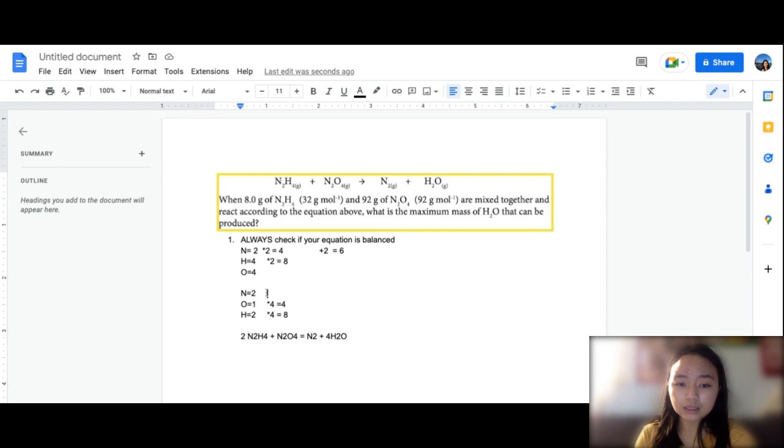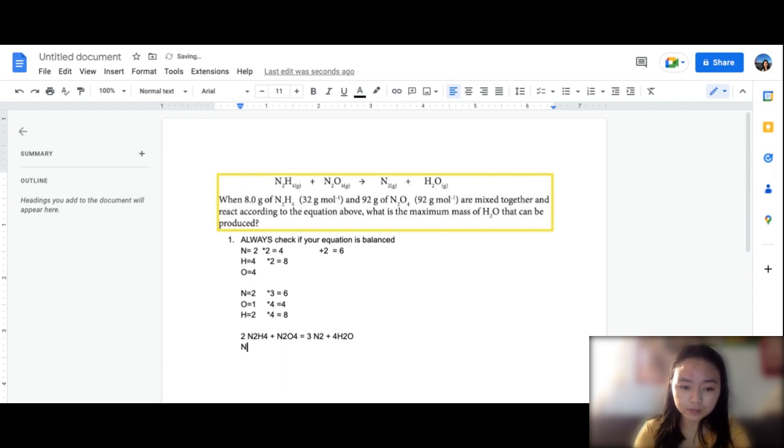Now we need to get this N equals 2 to N equals 6, and we can do that by multiplying by 3, and then that would be on the product side here. So let's check. We have 2N2H4 plus N2O4 equals 3N2 plus 4H2O.